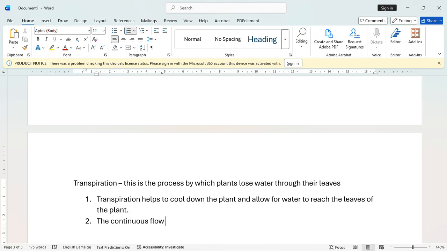So that continuous flow is very important, because that's how water gets to the leaf. That's how the plant also helps to cool itself down.